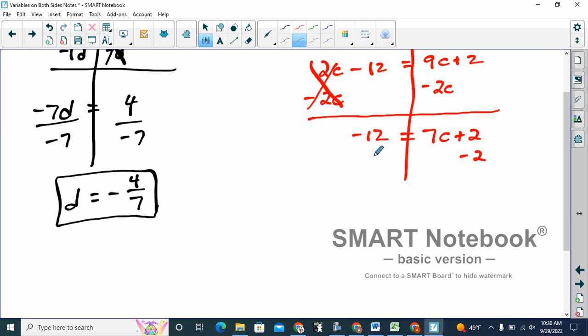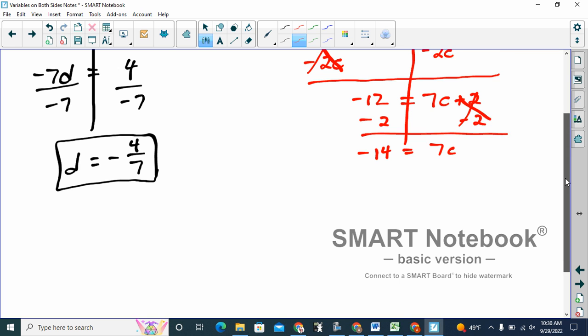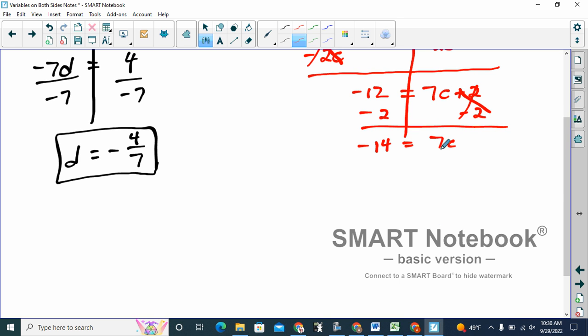Let's subtract 2 from both sides. Negative 12 minus 2 is negative 14. 7 times c, we undo multiplication by dividing both sides by 7. Negative divided by positive is negative. 14 divided by 7. c equals negative 2.